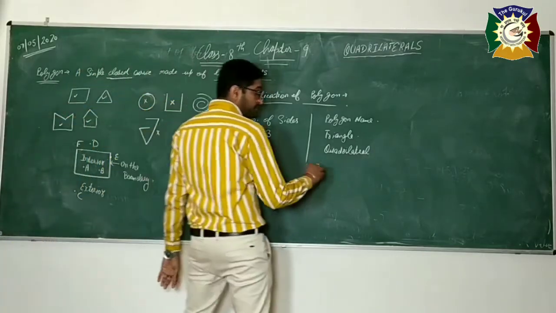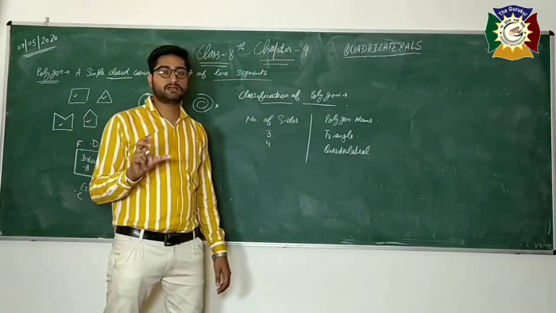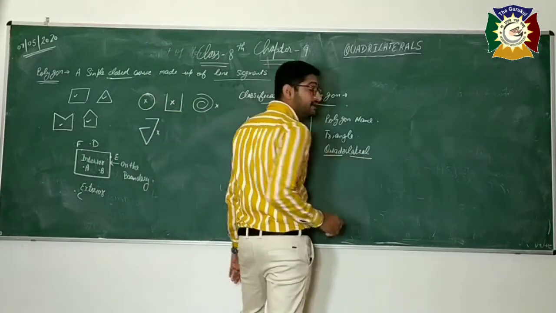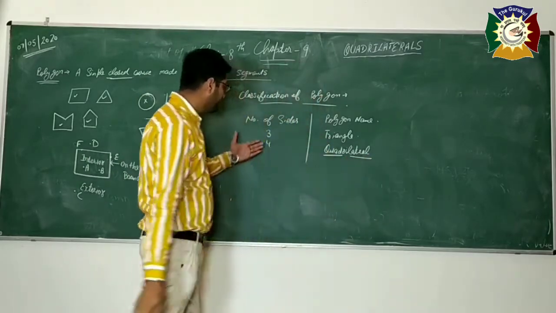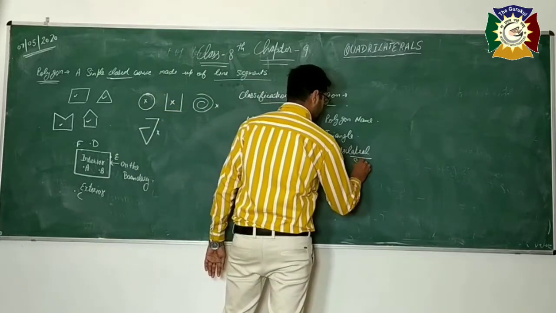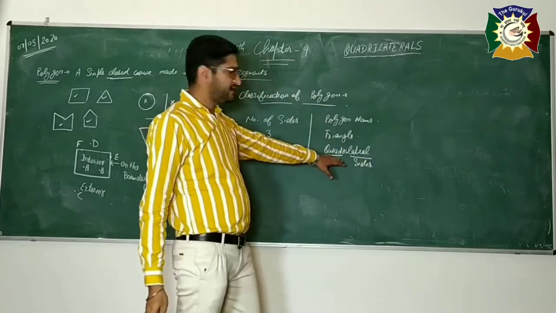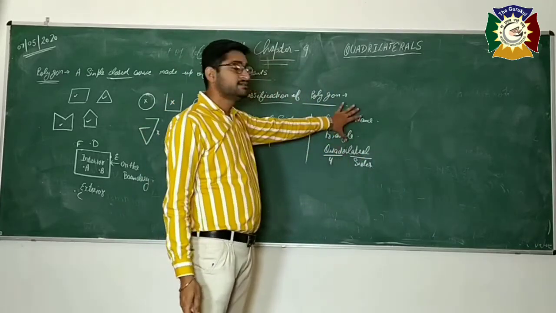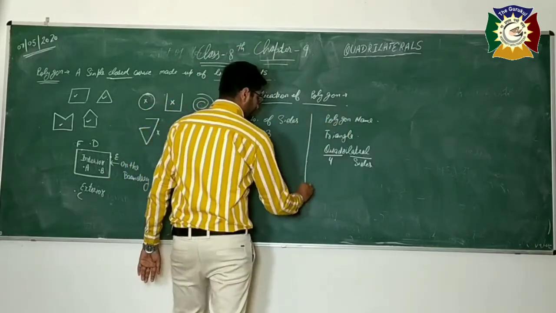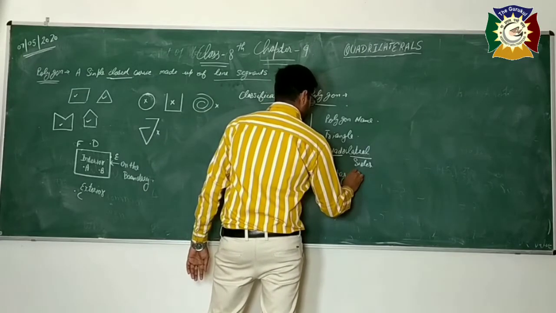Quadrilateral is a word that is formed by the combination of two words: quad and lateral. Quad means 4 and lateral means sides, and we can simply define it as a 4-sided polygon. After that, if 5 sides are there, then it's a pentagon.